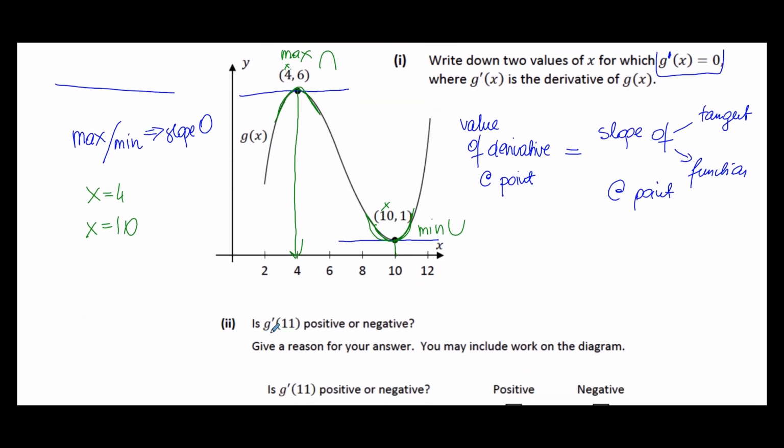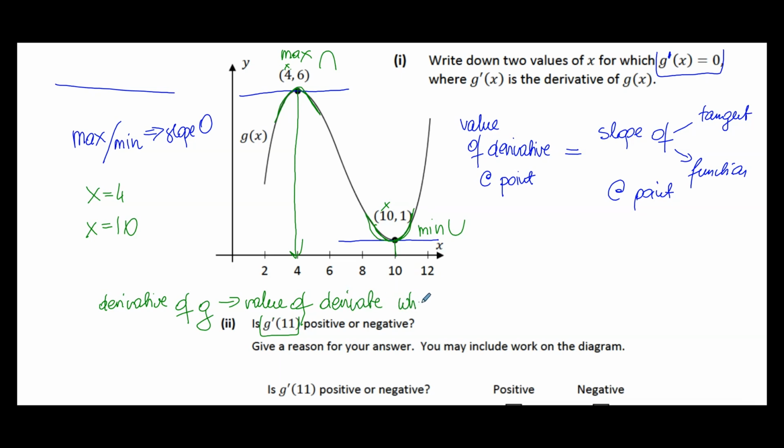Is the derivative of g, when x is 11, positive or negative? Let's write it down. What that description means is we take the derivative of g, and we are looking for the value of the derivative at what point?